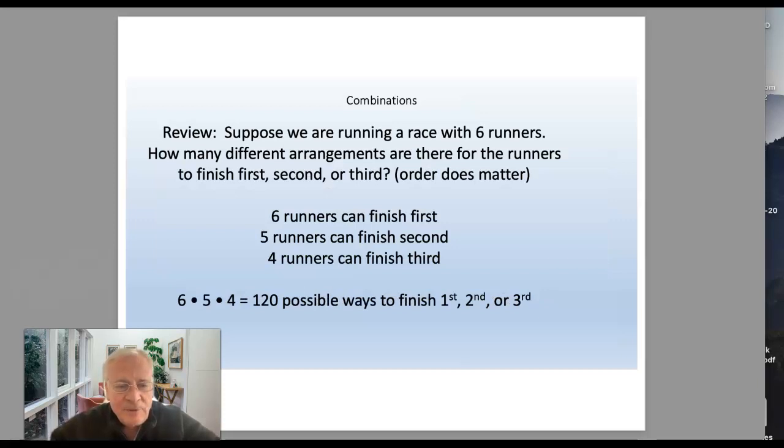And again, one of the examples we talked about for a permutation: if we were running a race with 6 runners, how many different arrangements are there for the runners to finish first, second, and third, where order does matter? And we found out yesterday it was 120 possible ways to finish first, second, or third.